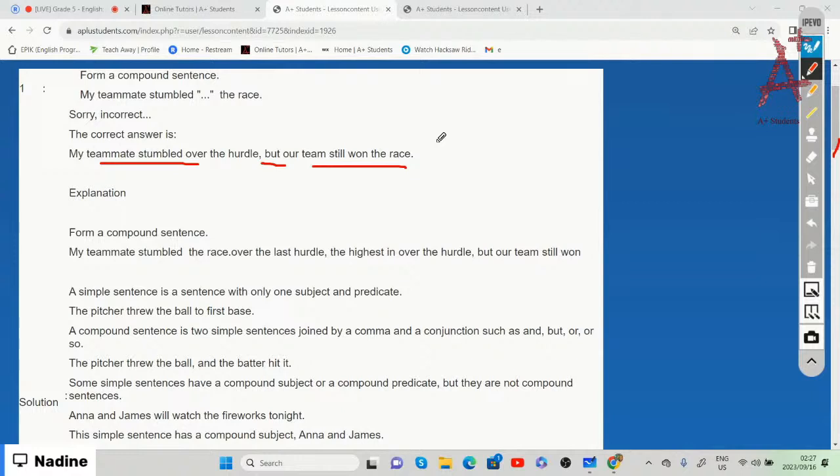Those are our two simple sentences, and they are joined by a coordinating conjunction, which is but.